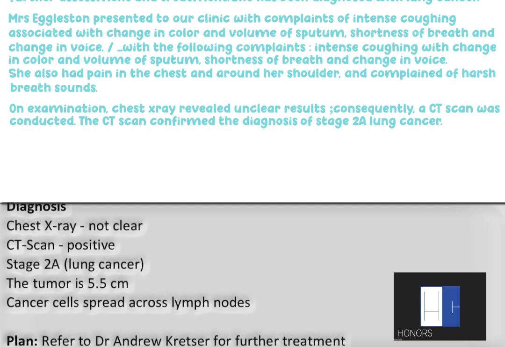After that, it's given about the tumor. So what we can do, let's write down, we put a comma, with a tumor size of 5.5 centimeters. Also, we can put a full stop and make a new sentence.